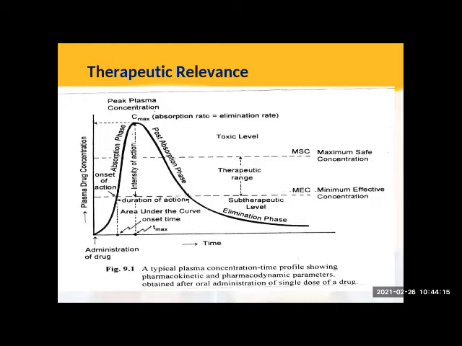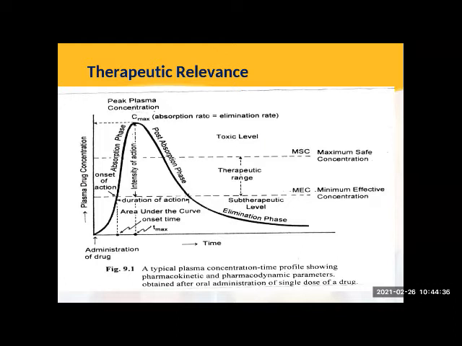During the absorption phase, the concentration of drug in the plasma goes on increasing. At a certain level, it will reach the minimum effective concentration, and that's where we will see the onset of action of the drug.